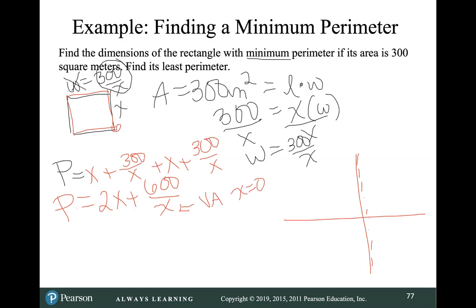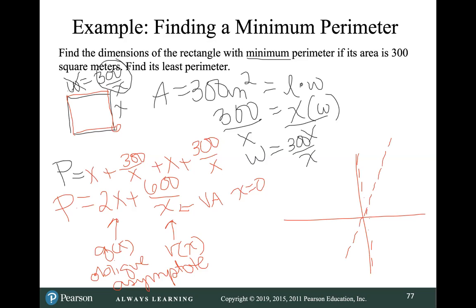Now, if I look at this as a quotient itself, we can say that this is the quotient and this is the remainder. So this is actually an oblique asymptote. And the oblique asymptote to 2x looks like a line through the origin with a slope of 2. So those are what my asymptotes look like, okay?